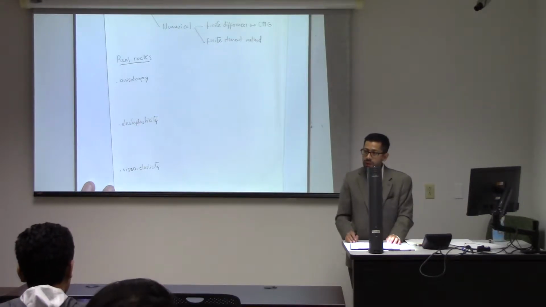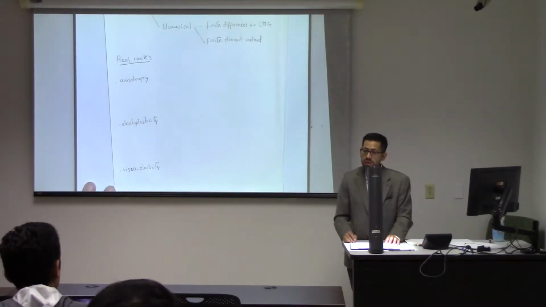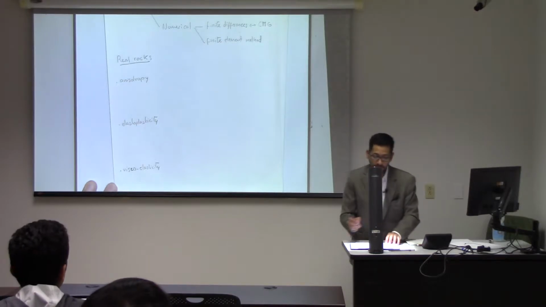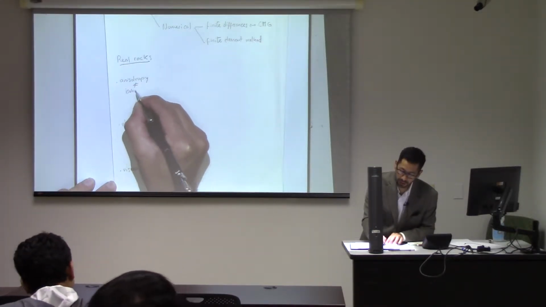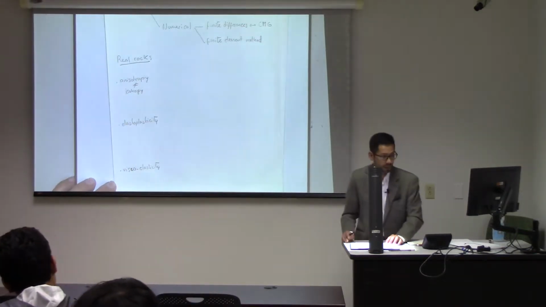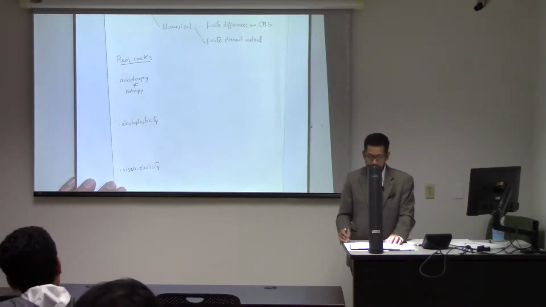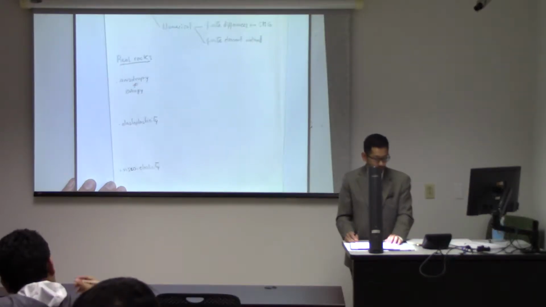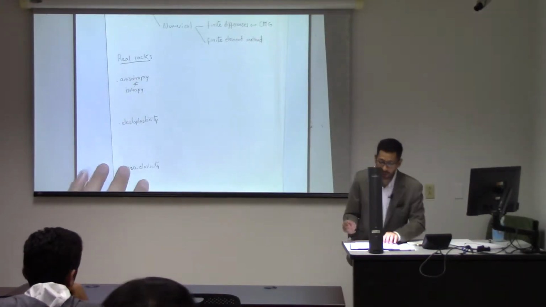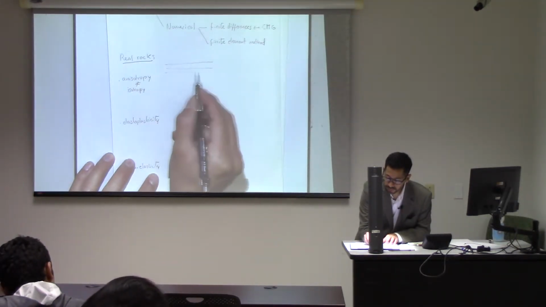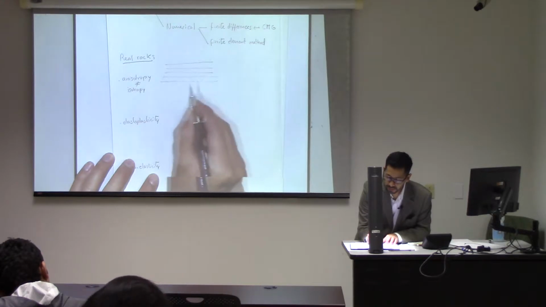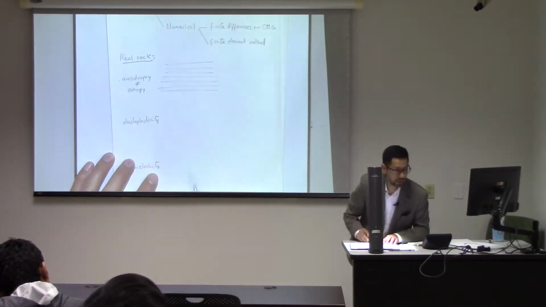So the first thing that we're going to see is called anisotropy. Anisotropy is the opposite of isotropy. It means that the properties vary according to the direction in which you measure them. With sedimentary rocks, usually you have layers. Why layers?